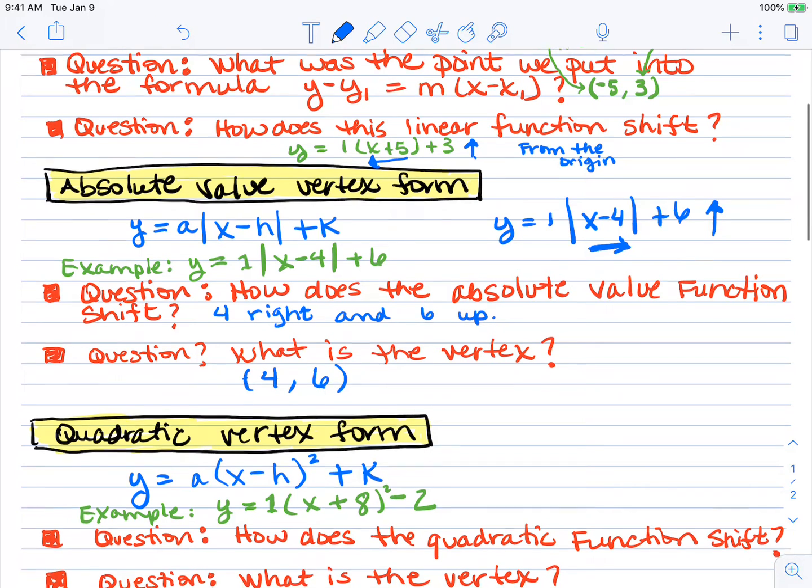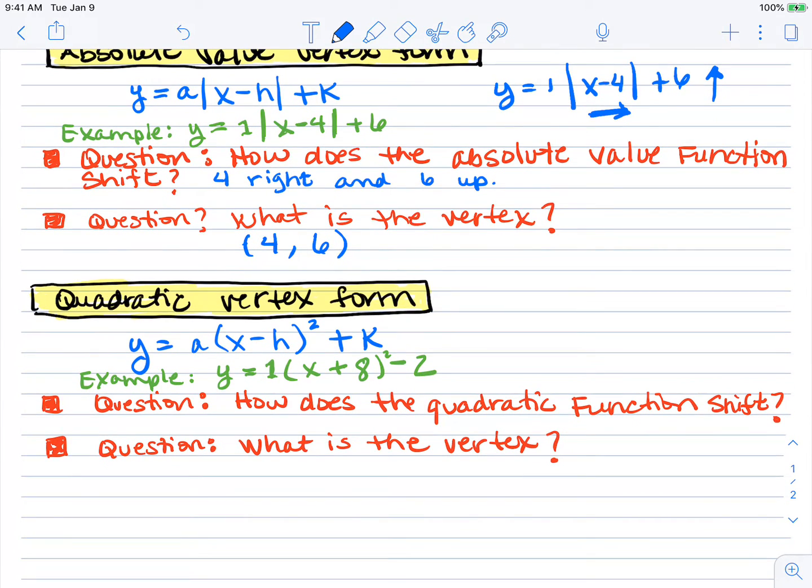Same pattern works for my quadratic. So if I have my example in green and the question asks how the quadratic function shifts, we know this one is quadratic because it's got a power of 2 right here. That makes it a quadratic function. And I know that inside parentheses, it's going to be the opposite sign, so it's moving that way 8. But outside is normal, and that's going to be down 2.